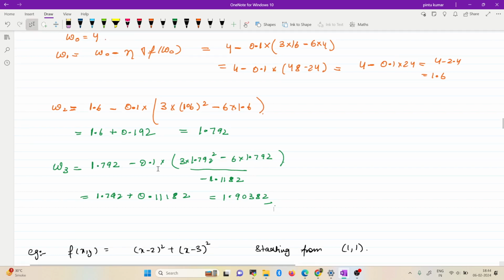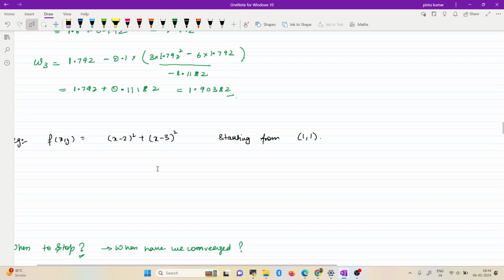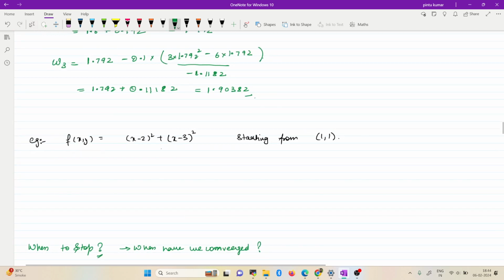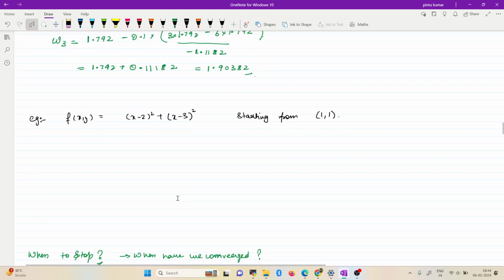We can probably do 2 iterations for this also, so that things are very clear for us, like what happens in 2 dimensions, and a similar thing would happen in higher dimensions. I'll hurry up here. So f of x, y is given to be (x minus 2) square plus (y minus 3) square. Actually there is a mistake in the question; this should be y. Then only it makes sense. We can start from 1 comma 1. Let's take eta to be 0.1 here also.